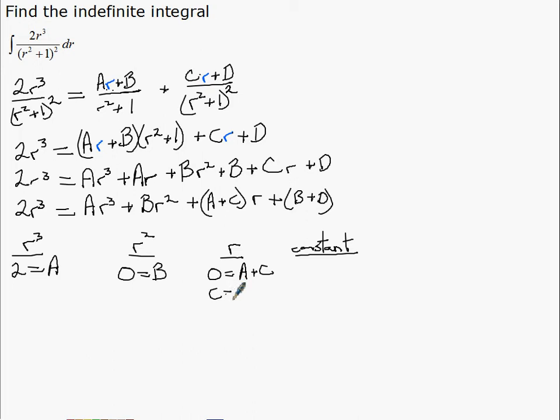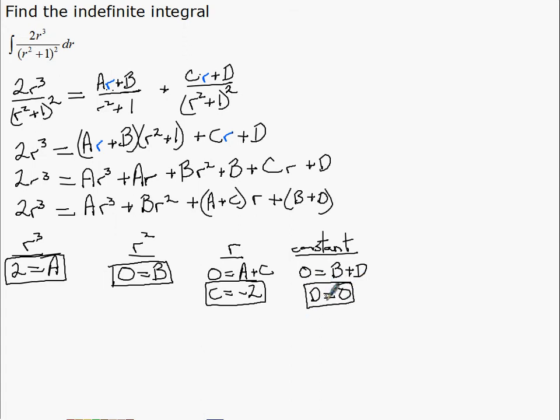That tells us that c has to be minus 2. So we have 3 of the 4 already. The constant then on the left is 0, on the right is b plus d. We know that b is 0, that tells us then that d is also 0. There's all of our terms.